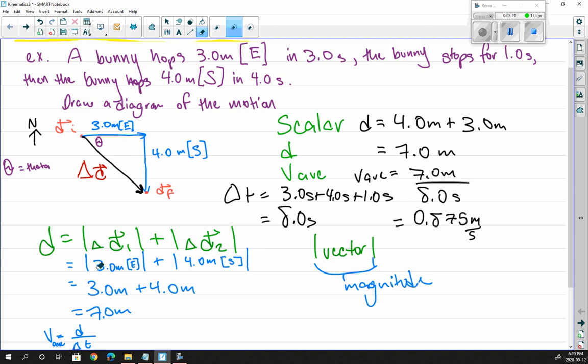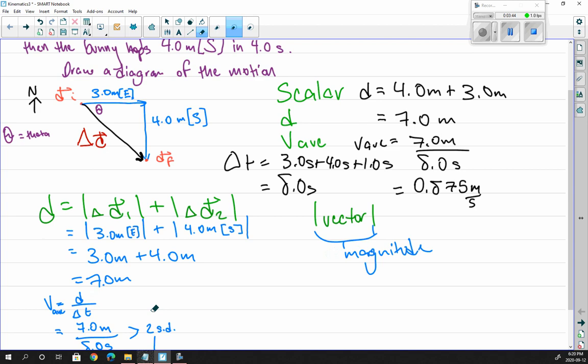So that's what the distance is. It's the magnitude of the first displacement, plus the magnitude of the second displacement. So it would be the magnitude of 3 meters east plus the magnitude of 4 meters south. I don't care about the direction. I just want to take the 3 meters from there, the 4 meters from there, I add them together, and I get 7 meters. So the distance that the bunny hopped is 3 plus 4, which is 7.